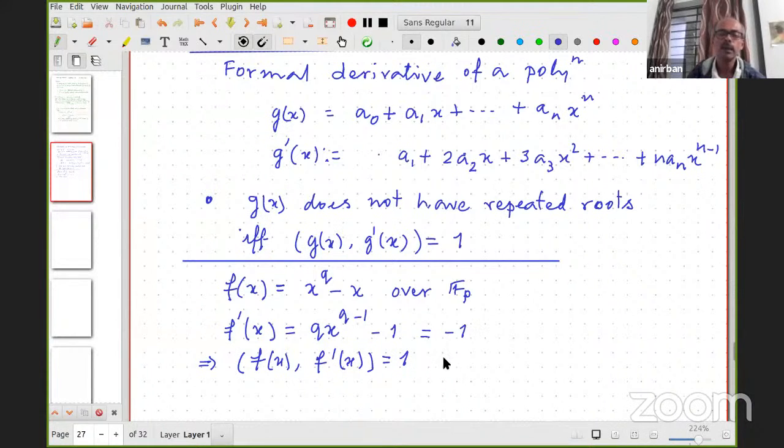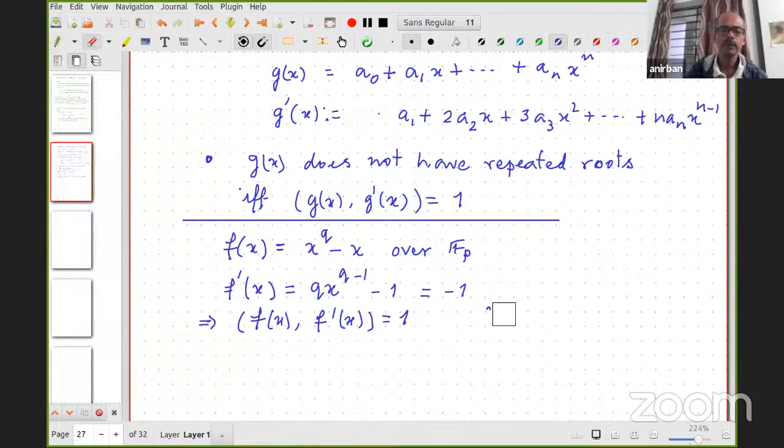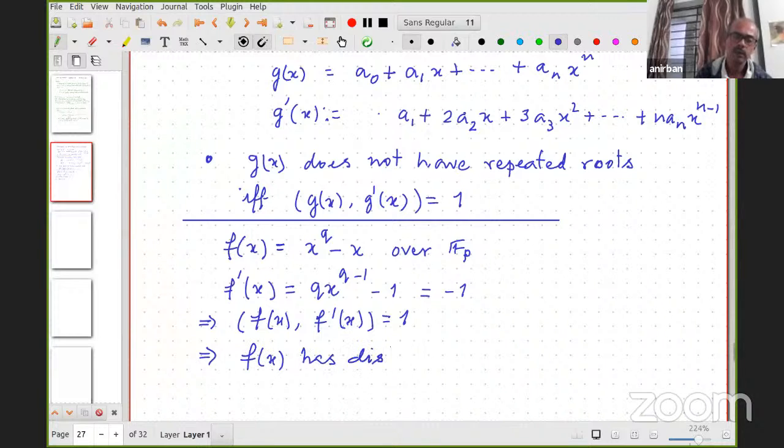Their GCD is 1, and that would imply f(x) has distinct roots.